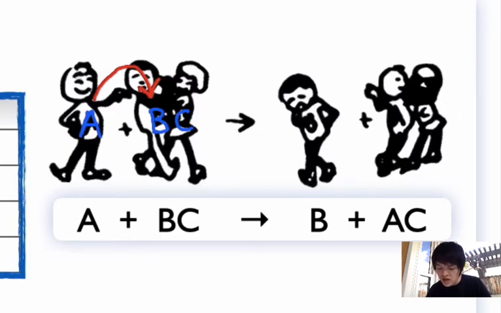Okay, so A is going to replace B, and that means B is going to swap places with A. So as a result of this, B is now by itself, and A is now in a couple. Okay, so generally all single replacement reactions look like this.